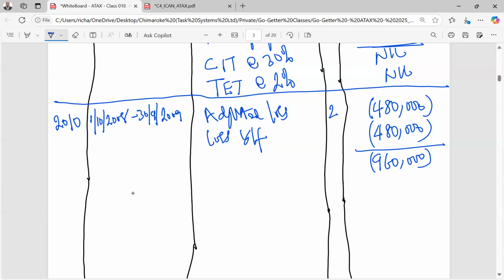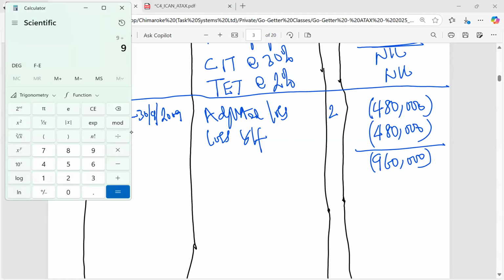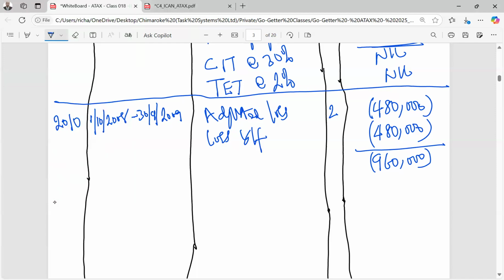That's the 360 we calculated at 9 months, which is 9 over 15 times 600. That's the 360 that is inside this 480 here. So it means that this 480 contains 360 here. The 120 that is not here, coupled with this 480, these are the actual loss.